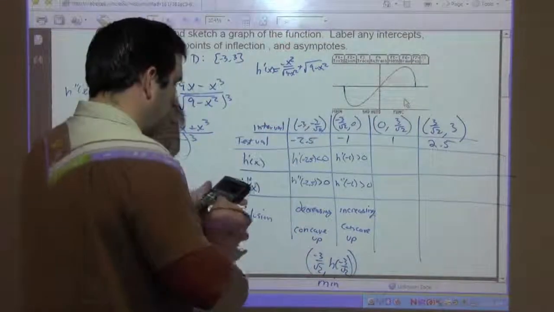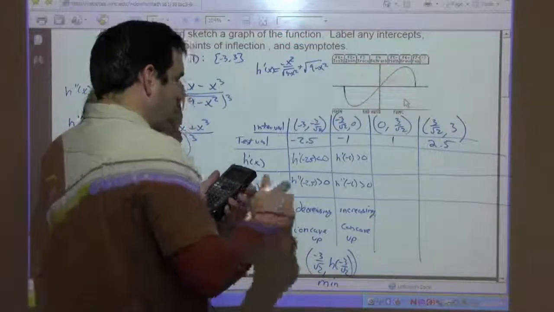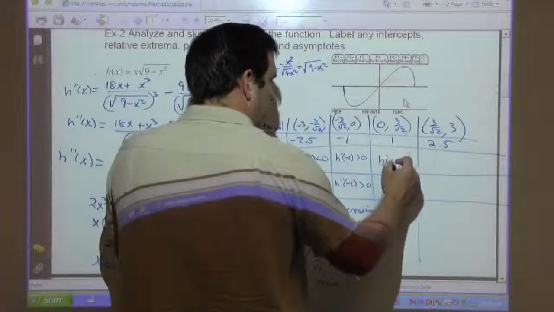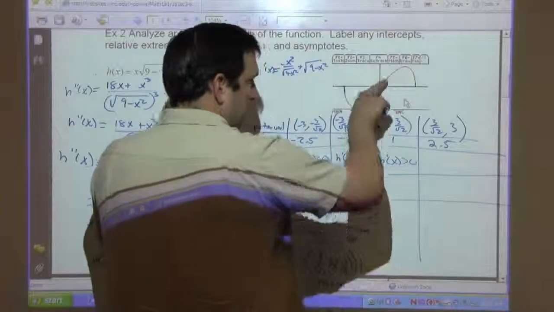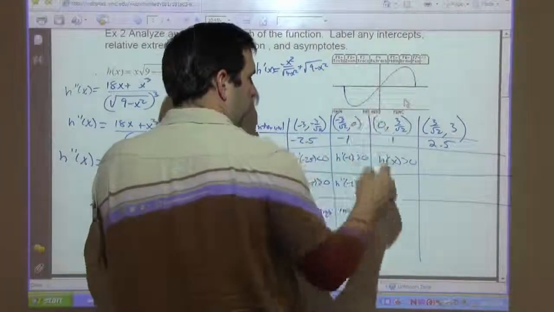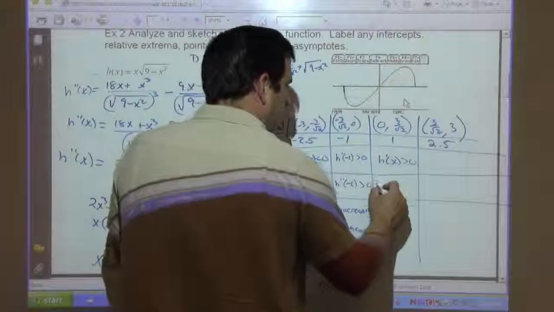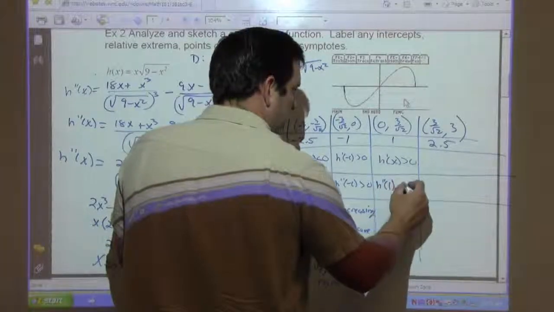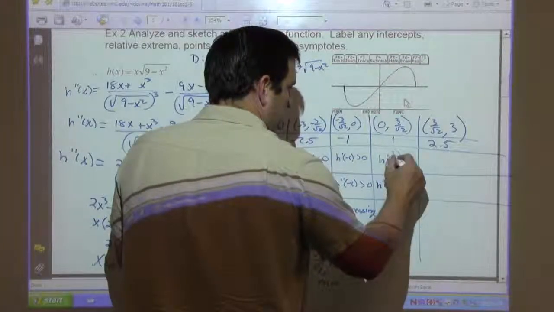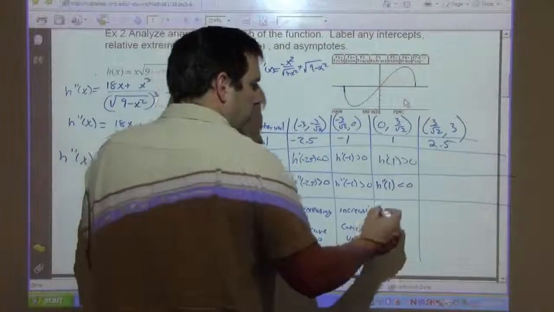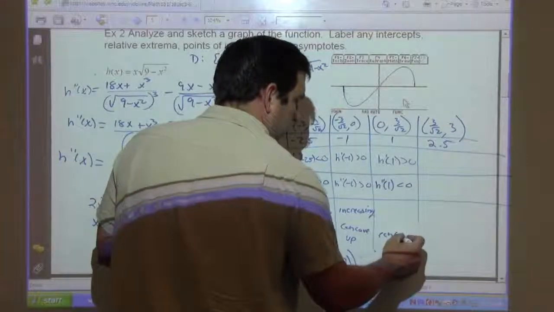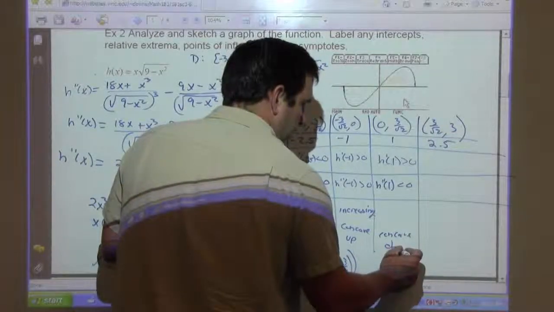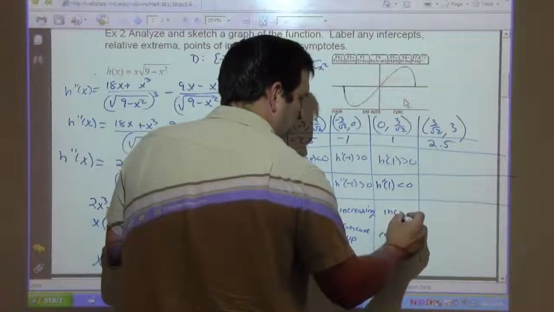Now let's look at putting 1 in there. Our first derivative is positive. We can see that it's still positive, it's going up. Our second derivative, however, is negative. So that means we're concave down. We're increasing.